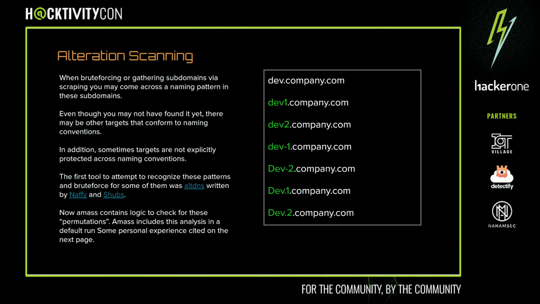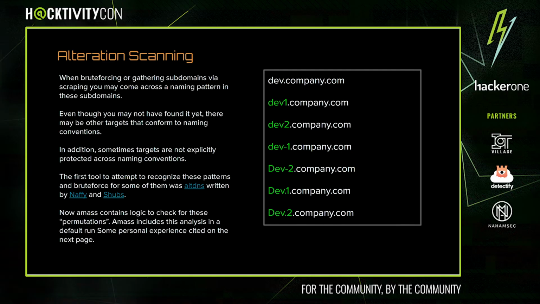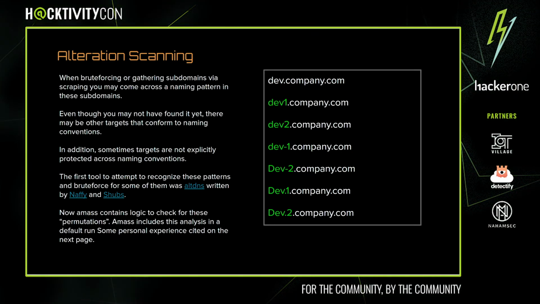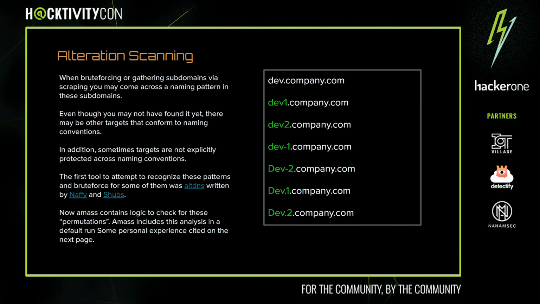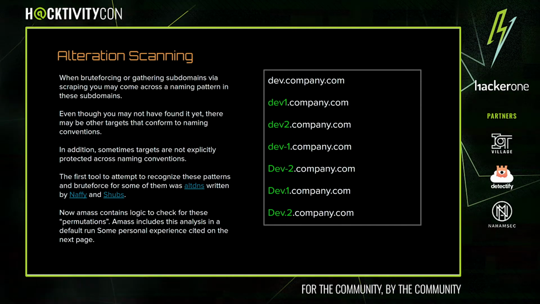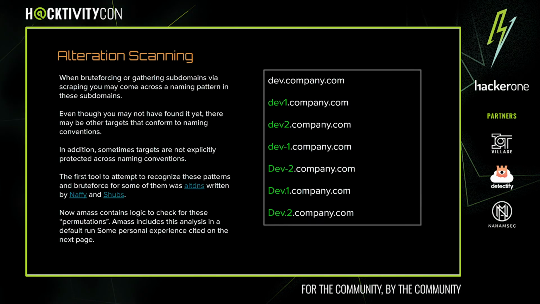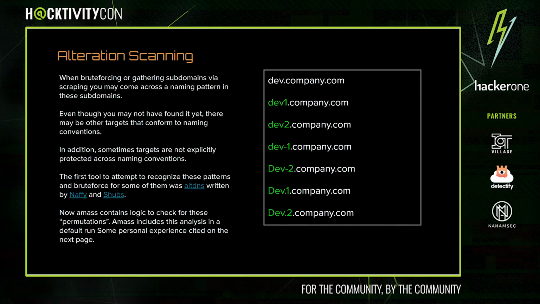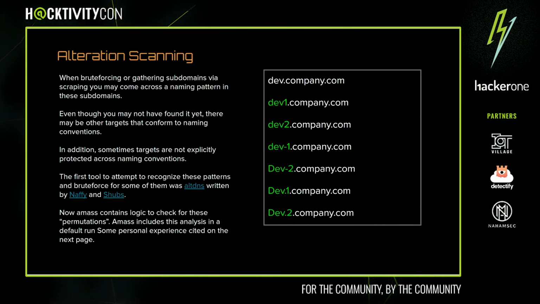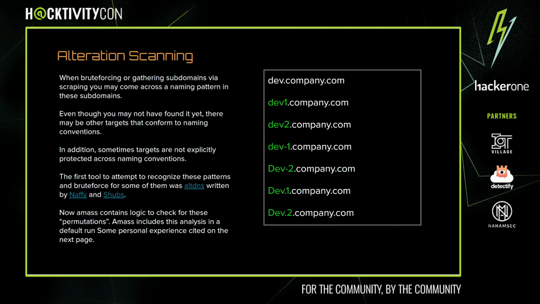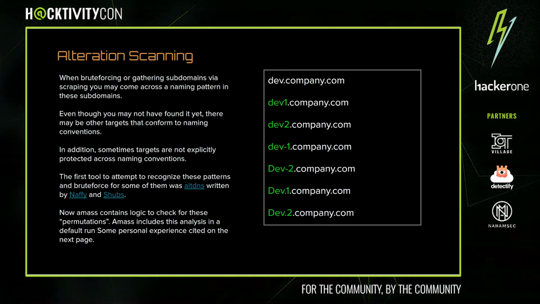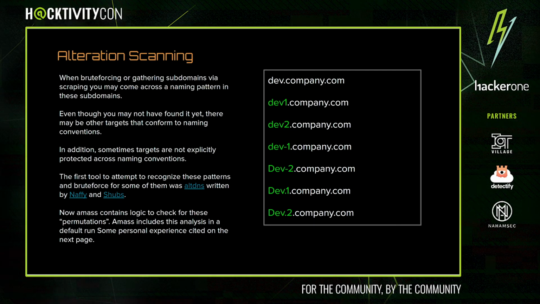So it will add all these permutations and try to resolve them as well. So it's not wordlist scanning; it's permutation-based scanning, kind of similar to what you do with passwords. Now, AltDNS was the first tool to do this. Since AltDNS, Amass has also integrated permutation scanning into its engine. So I tend to use Amass with this function when I'm doing all my other Amass scanning too.